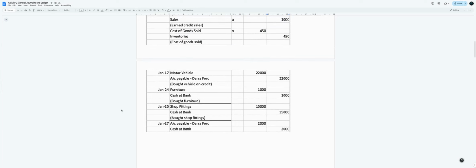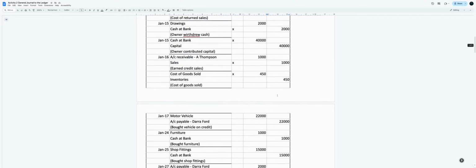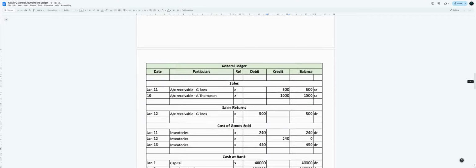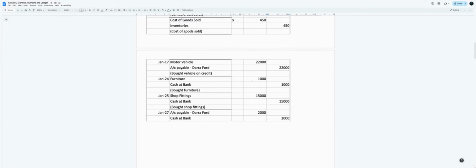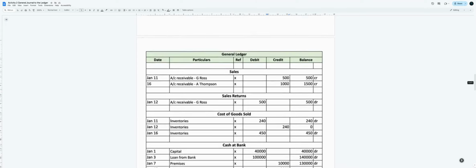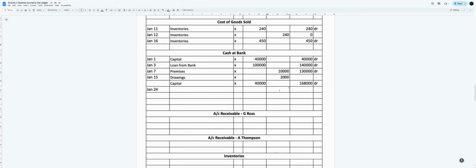Now I've just forgotten what that figure was again on the 24th. Right, it was $1,000. The date we're doing? Yep, 24th. So on the 24th, it was $1,000 credit. So let's pop that in to a credit.